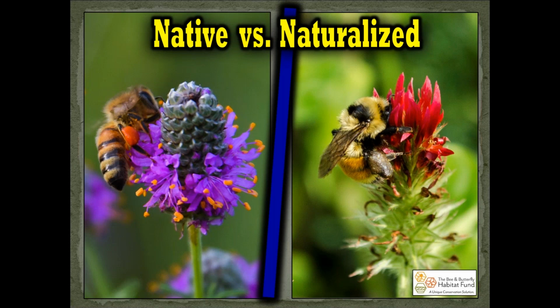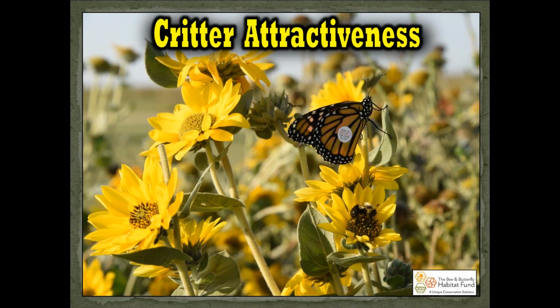Critter attractiveness. I won't ask you who this is because you probably won't get it, but this is called ashy sunflower, Helianthus mollis. In my part of the world, very challenging to ever find a flower because the deer eat every single flower. It's like laying out bite-sized Snickers for me. So think about this.